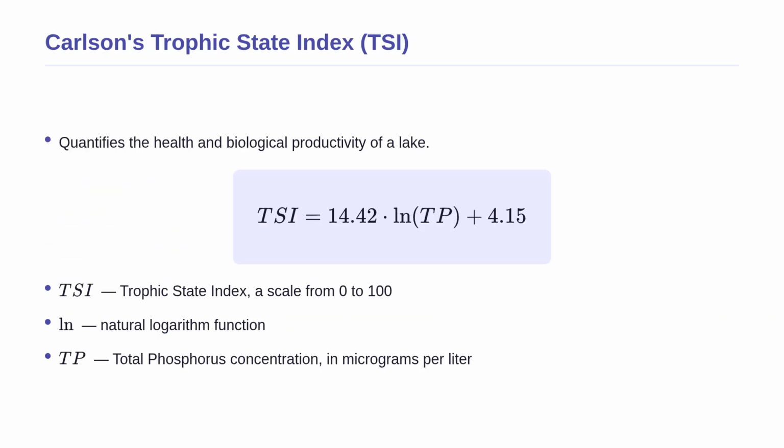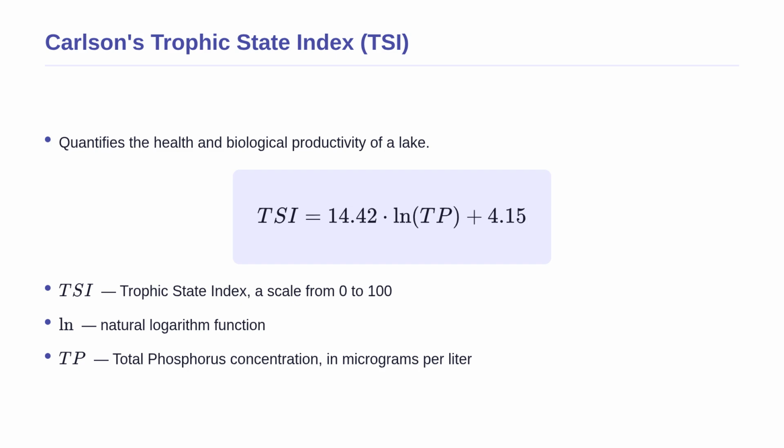To manage this threat, we must mathematically quantify the lake's health using Carlson's Trophic State Index for phosphorus. Conceptually, this formula translates exponential biological growth into a simple linear scale from 0 to 100. TSI stands for the Trophic State Index.